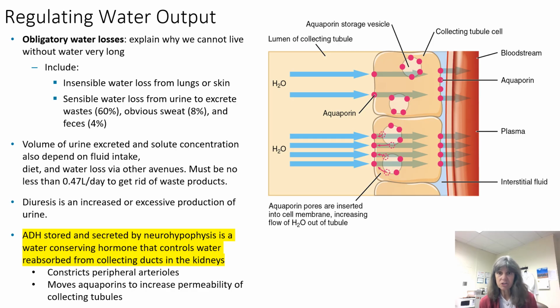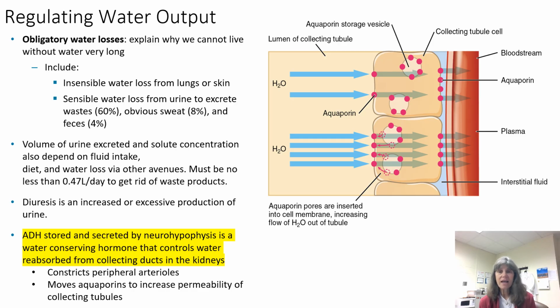So if we look at this picture on this particular slide, we can see at the very top in the first cell there is a vesicle that acts as an aquaporin storage vesicle, and that can actually move to the surface of the lumen of the collecting tubule in the kidneys to allow water to go through the cell, as well as to the opposite surface where the aquaporins will be close to the bloodstream again, so water can pass right through those cells that line the tubules in the kidneys.